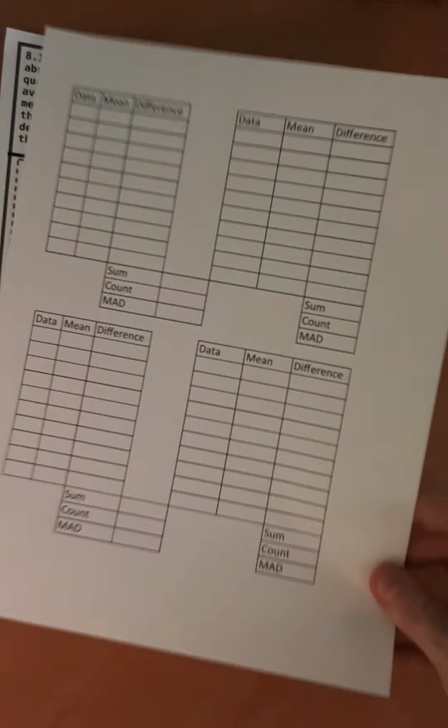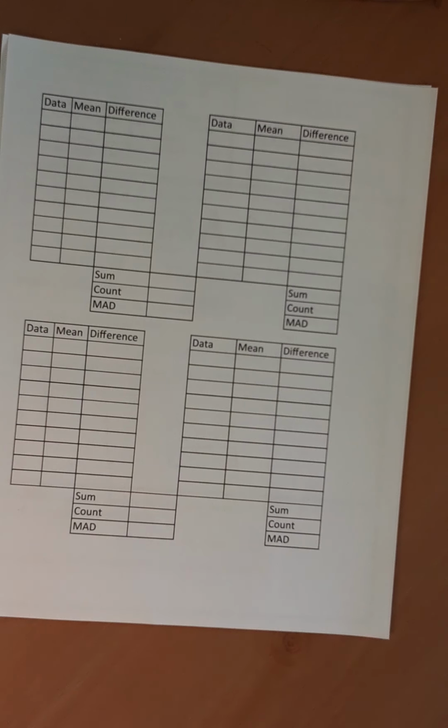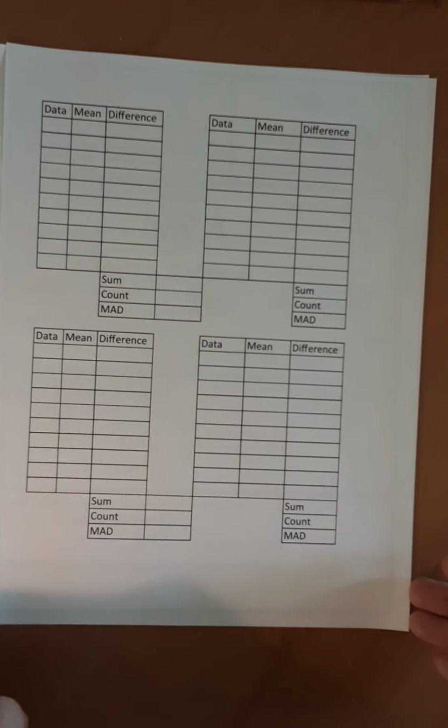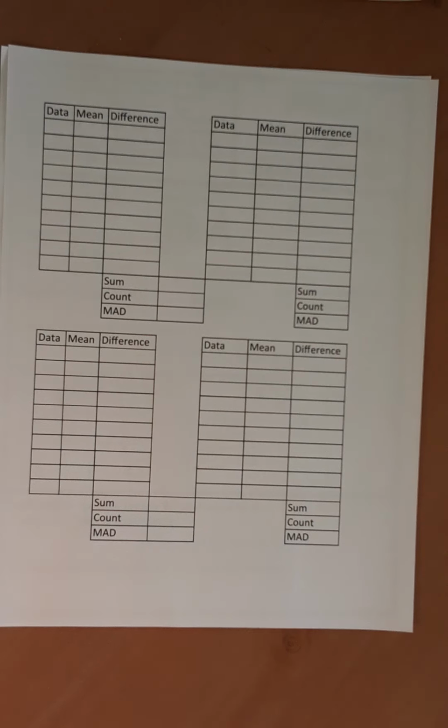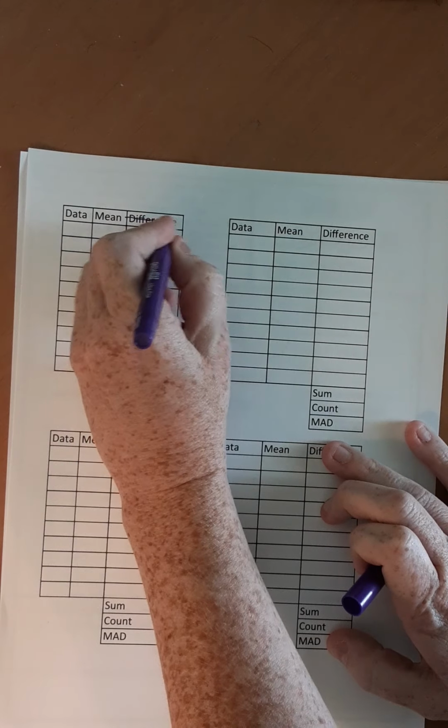So another thing that I provide for you is this template that you can use to record all of your data and run your problems. Some students in the past have found it helpful to change the word here.